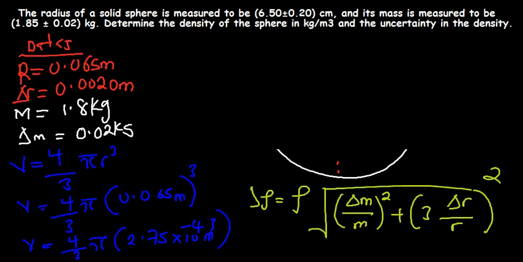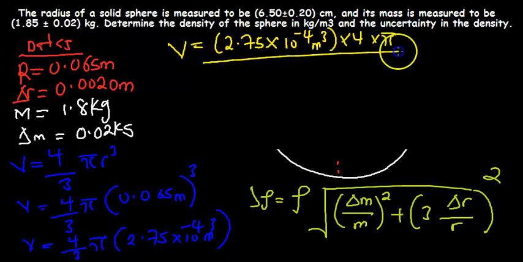So what do we do next at this point? We can simply rearrange everything by saying volume is going to be bracket of 2.75 exponential negative 4 in meter cube. You're going to multiply that by 4, then you multiply that by pi, you divide everything by 3.